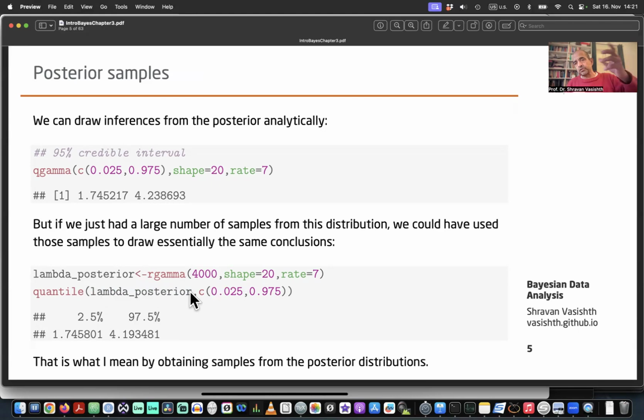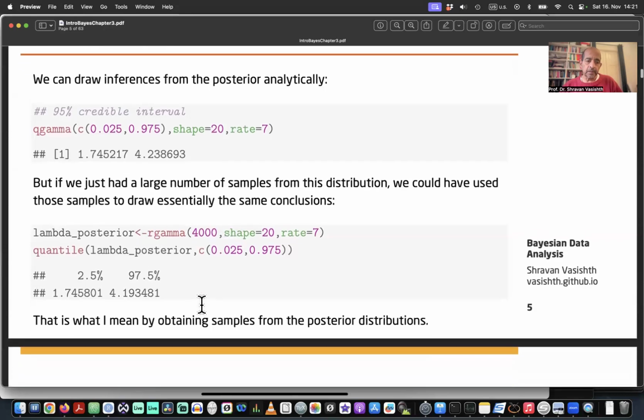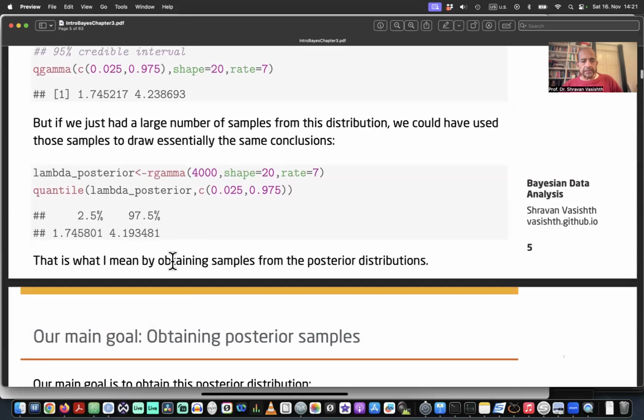So the switch goes from the analytical analysis that I've been doing so far to computational generation of samples for each posterior, and then drawing inferences on the posteriors by using things like the quantile function to figure out the credible interval and things like that, right? So whenever I say that we will be obtaining samples from the posterior distributions, this is what I'm really talking about here, right?